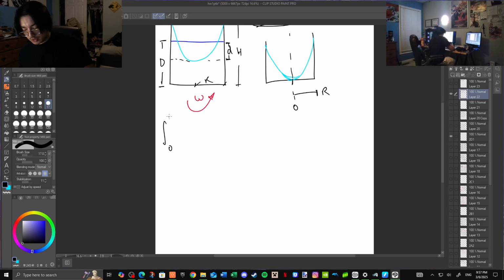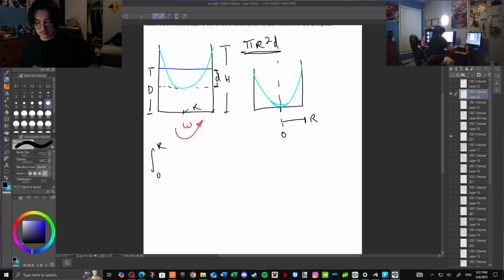It's going to go from 0 to R, right? So what are we measuring? Well, as we're changing and measuring at different values of r, we are actually measuring dr. Think of it as pushing against that water to the outer part of the container.